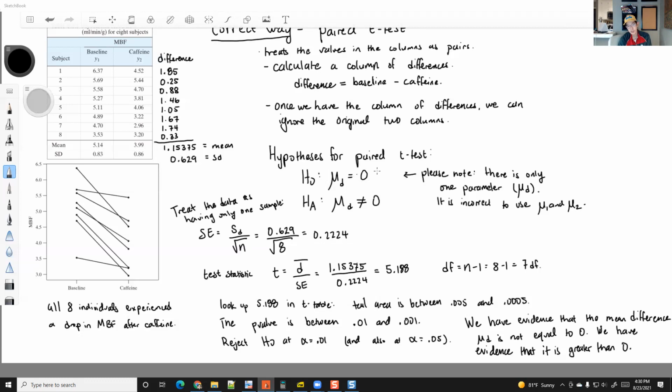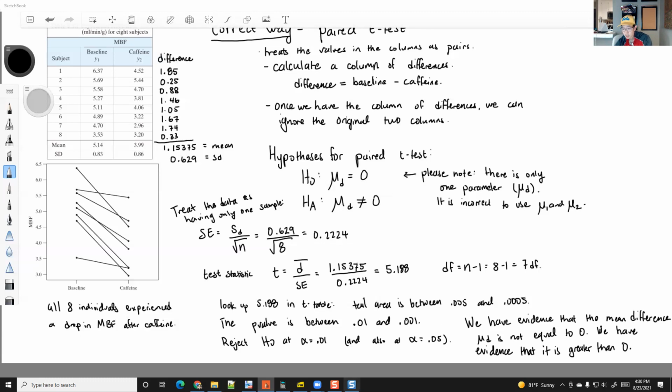And if the mean difference is 0, we would expect our D bar, the average of this difference column, to be close to 0. The average of our difference column is 1.15, which doesn't seem big, but compared to the standard deviation and the standard error, it is quite big. A difference of 1.15 is over 5 standard errors away from 0. And so this number, 1.15, is significantly different from 0.